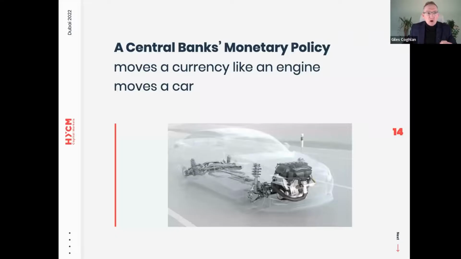And the central bank policy moves a currency like an engine drives a car. It's a simple analogy, but it's helpful. If you took monetary policy away from a country, the currency would not have the same drive. So the central bank is trying to direct a currency in accordance with its aims and desires.